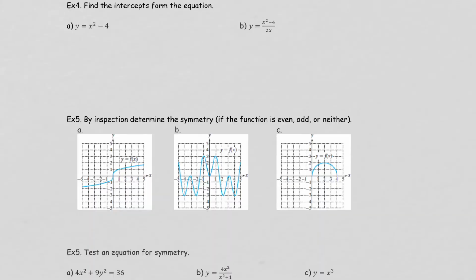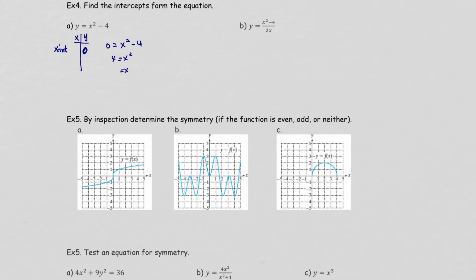What about finding intercepts from equations? When finding an intercept from an equation, it's just finding a point when the other variable equals 0. For finding the x-intercept, your y has to be 0. So when you replace y with 0, you need to find the x value, which will be x squared equals positive 4.